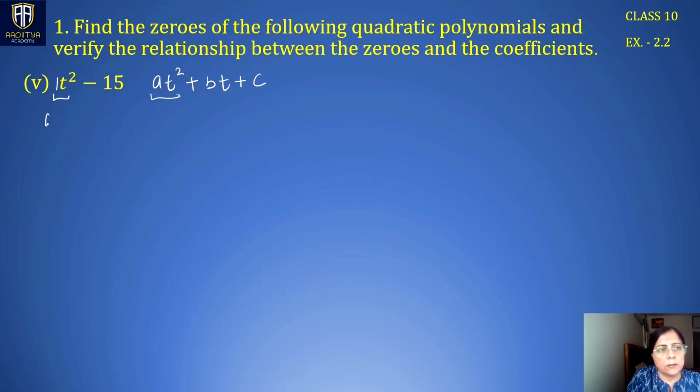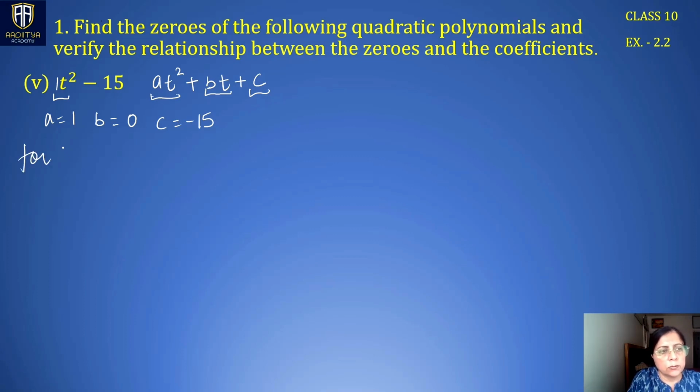A is equal to 1. And since we are missing the t term here, we can say that b is equal to 0. And the constant term here is negative 15, so c is negative 15. Right? Comparing this with the actual standard form of the polynomial, we can see that a is 1, b is 0, c is minus 15.